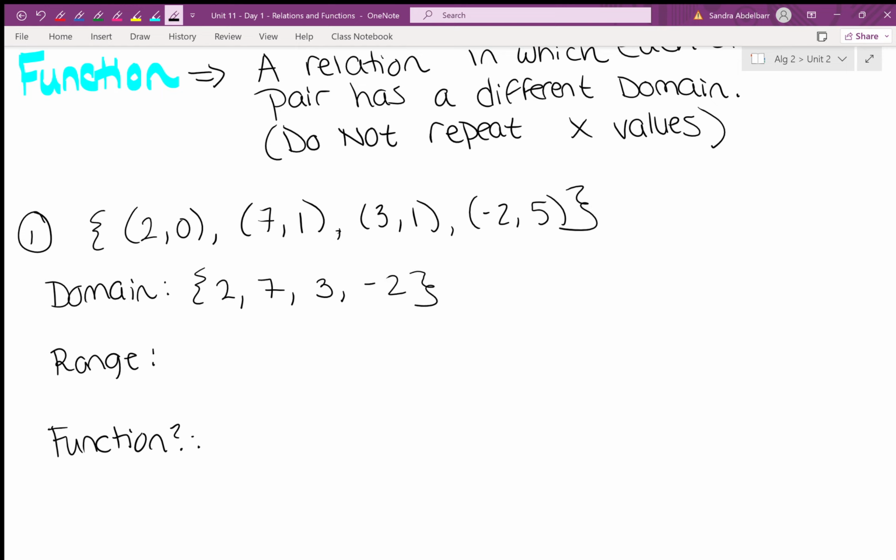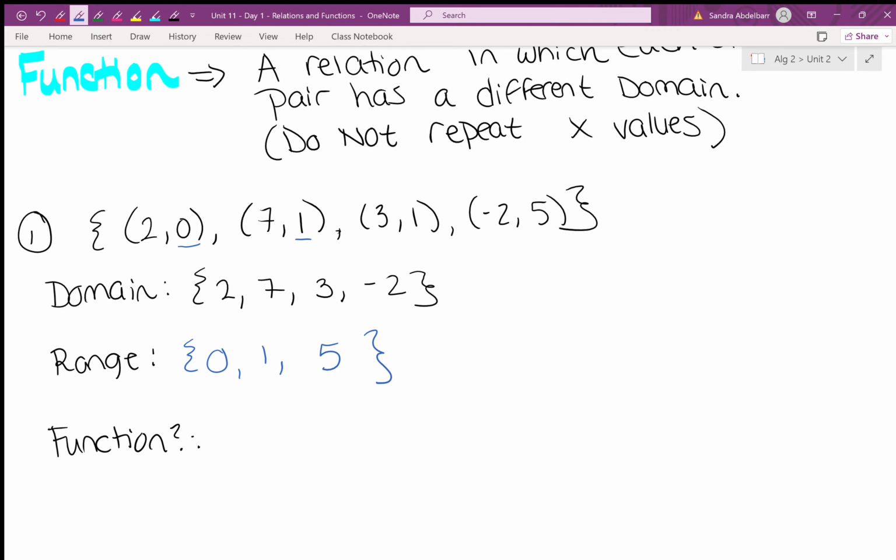The order does not matter. Our range, again, is just going to come from the y coordinates in our set of points. So we're 0, 1. Do I have to put 1 again? No, it's already there. I don't have to put it down again. And 5.